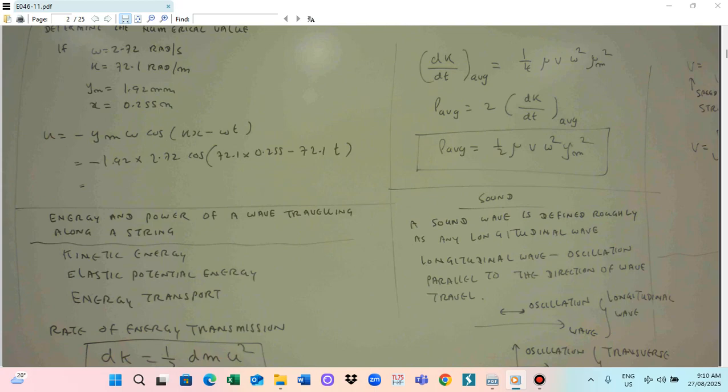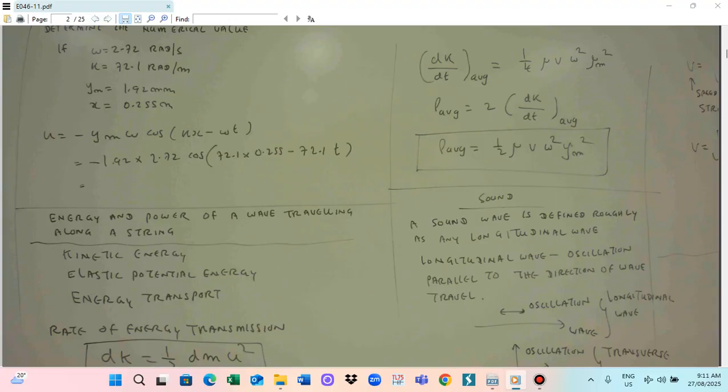So the rate of energy in the string, dK, is half into dm u square, and the power is half into mu v omega square into y maximum square.